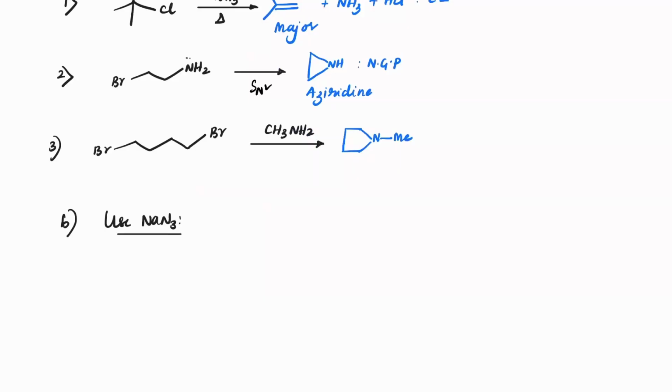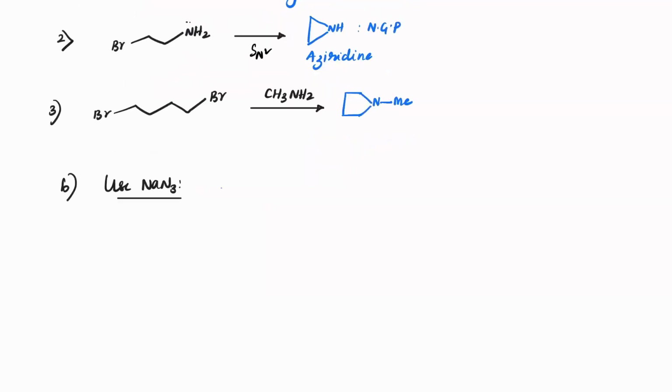And if you have RX and react it with NaN3, this is an SN2 mechanism where first I'll get RN3 as the product. Then if you react this with lithium aluminum hydride, it will convert into RNH2 plus N2.